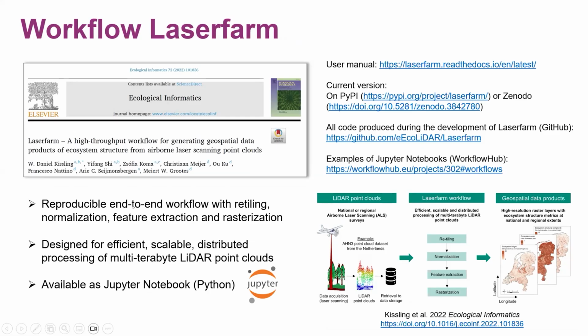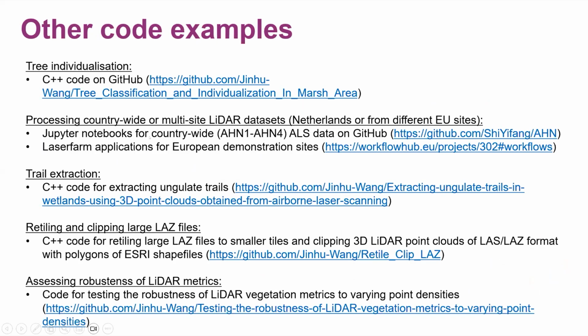So this is a reproducible end-to-end workflow with a number of steps. It's also designed for efficient, scalable, and distributed computing of large amounts of data, and it's available in Python as a Jupyter notebook. A few other examples that I have just put here on the slide from the presentations today.